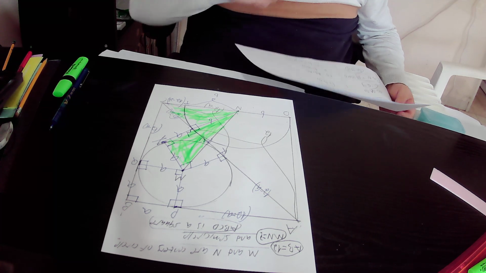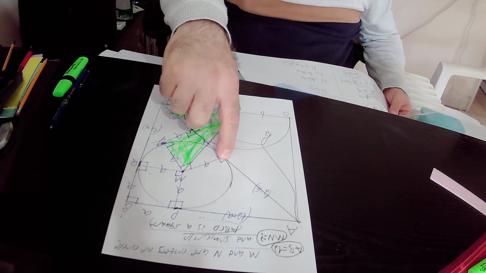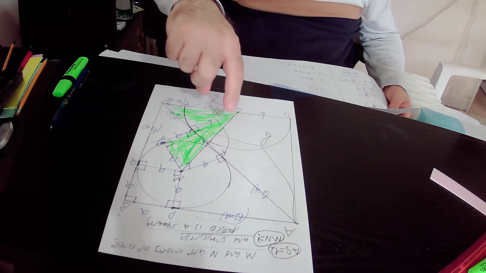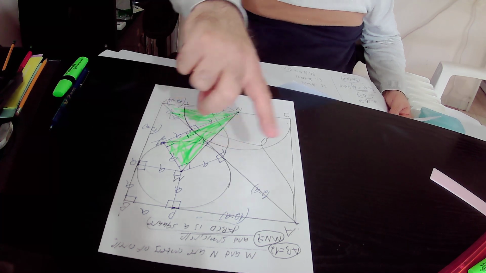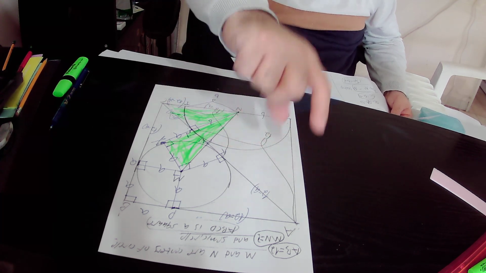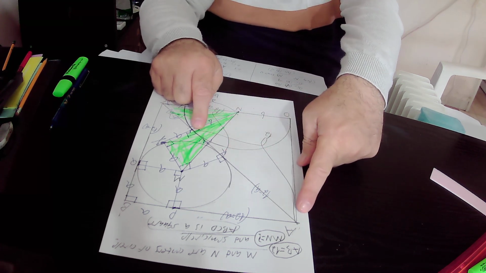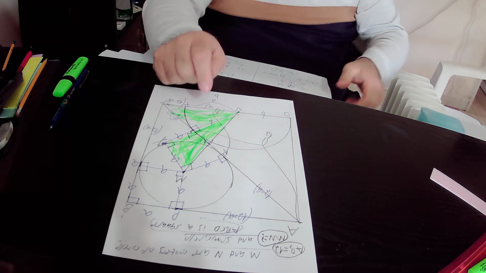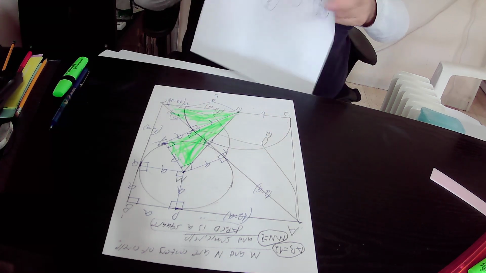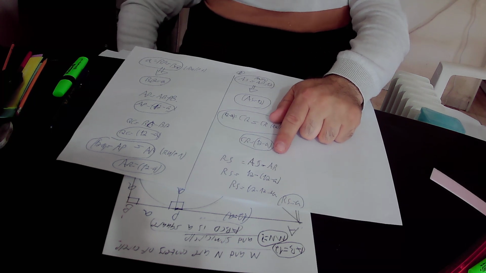And what is the value of RS? RS is equal to AS minus AR. Again, repeat: RS equals AS minus AR.